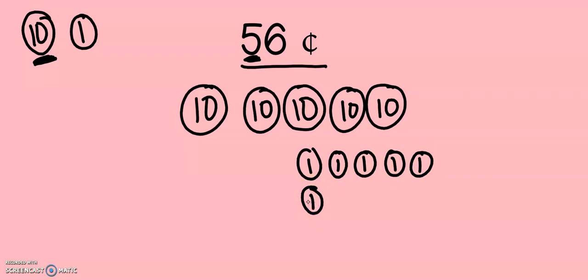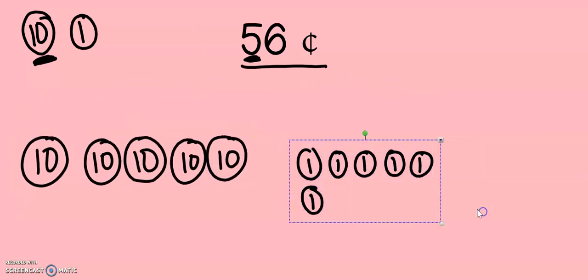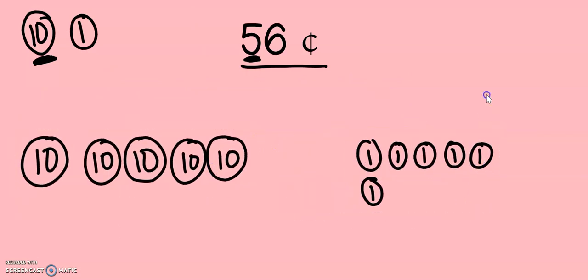Did you notice how I organized all of my coins? I put all the dimes on the top and all the pennies on the bottom. You don't have to always put them at the top. Some people like to put the dimes on the left and then the pennies on the right, but we do want to keep them all together.